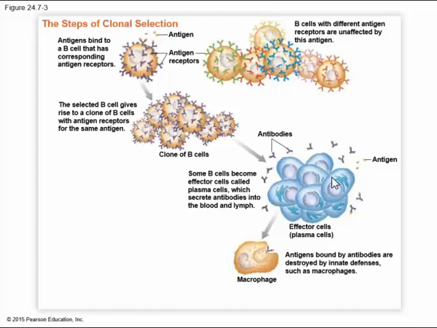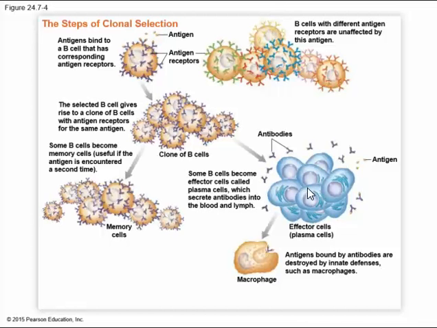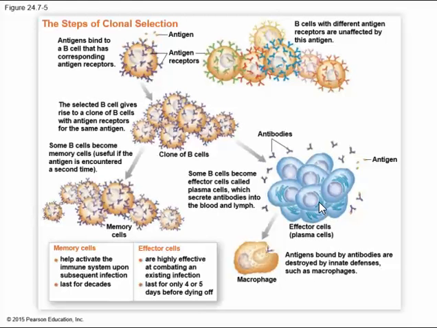They jump to work immediately. Others are memory cells. They lie in wait for the next time. So memory cells last for decades. Effector cells only last a short period of time.